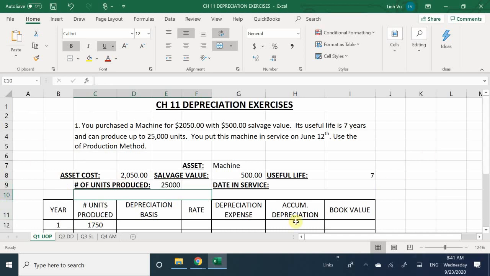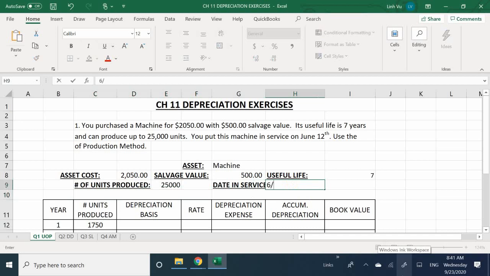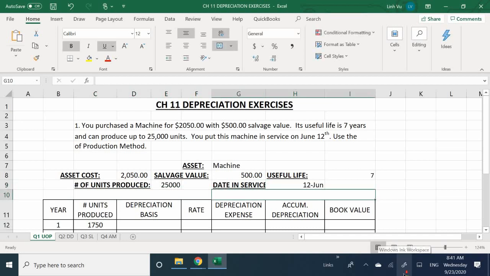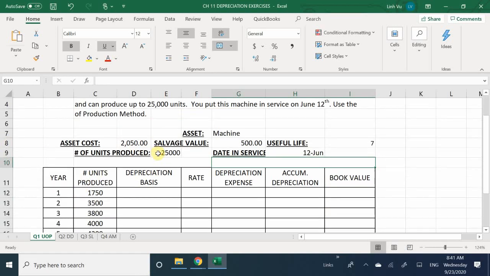And lastly, what's the date that we placed into service? June 12th. So that means we need to think about when do we start depreciating? June. Good. Okay, so let's go ahead and get started.